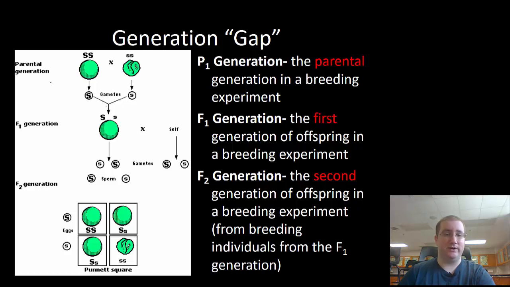And then if we breed two F1 generation plants together, we end up with the F2 generation, which is the second breeding generation. So it's always P1, F1, F2, F3, and so on. So P is parental, and then we count F1, F2, F3, depending on how many different crosses, how many different levels and generations we're actually breeding to determine what the answer is to whatever question we're trying to solve.